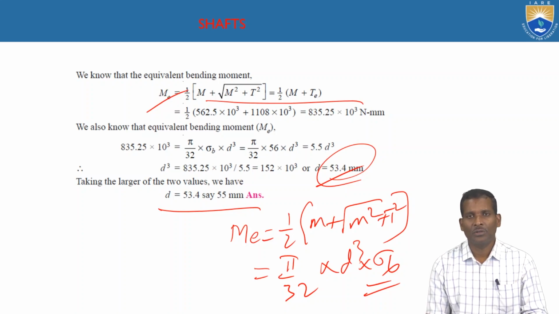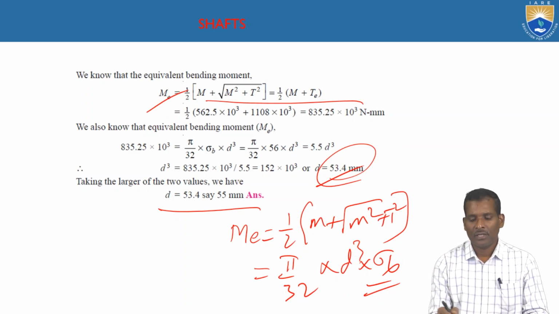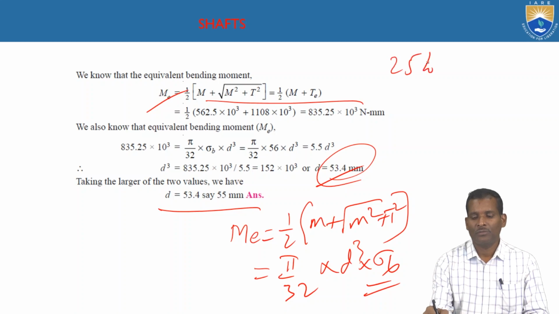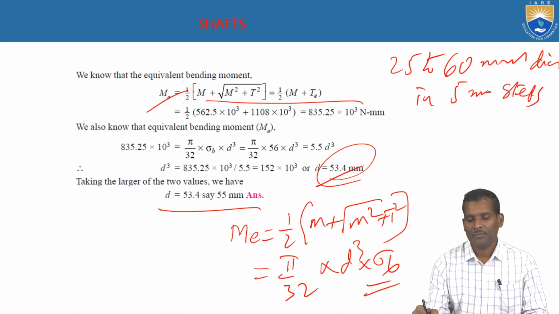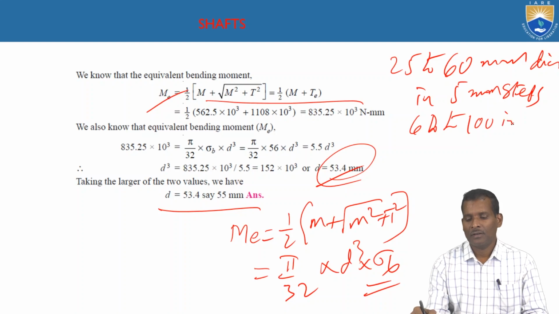So already I told you in previous session, always you should take the standard values of shaft. So here 25 to 60 mm dia shaft in 5 mm steps. So similarly 60 to 100 in 10 mm steps.